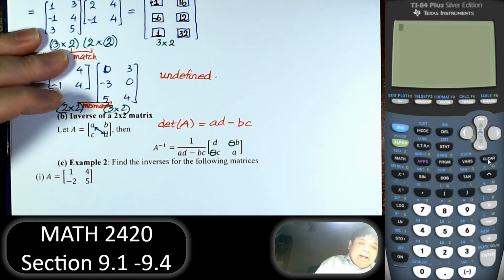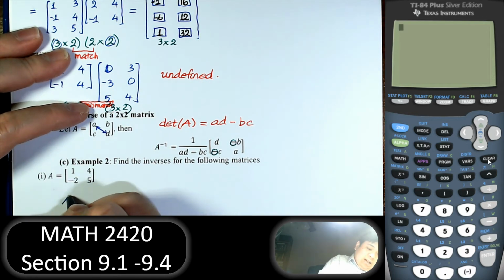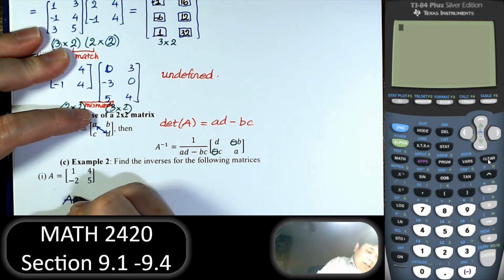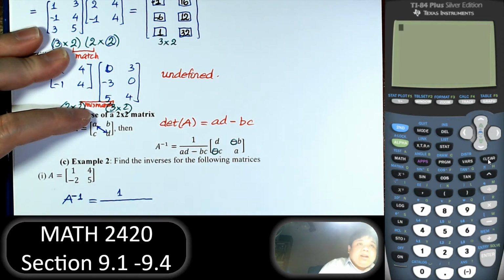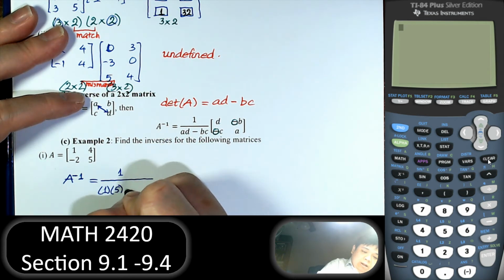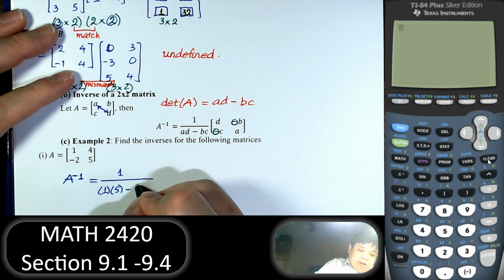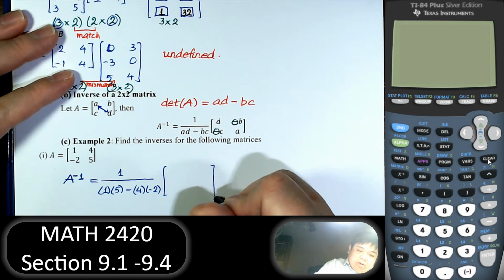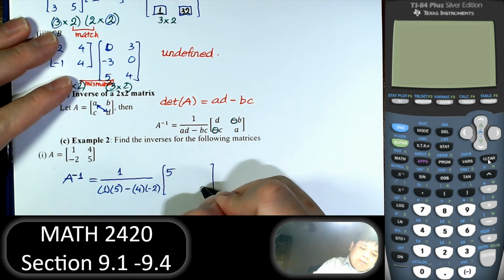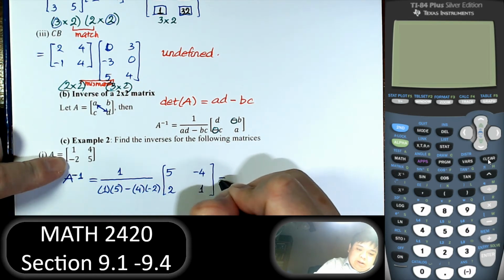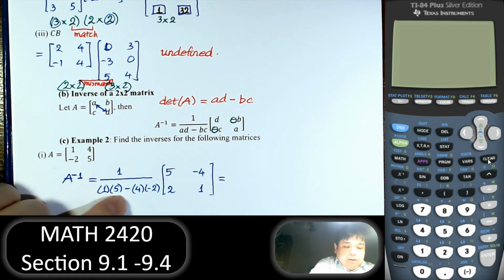So let's find the inverse of A. If that is A, then A inverse equals 1 over the determinant, 1 times 5 minus 4 times negative 2, and then in terms of the matrix, swap the places of these 2 and change the sign of the other 2. 5 and 8 is 13.